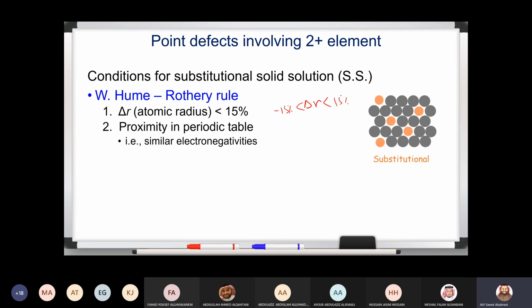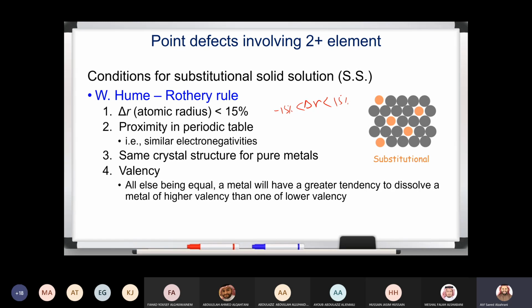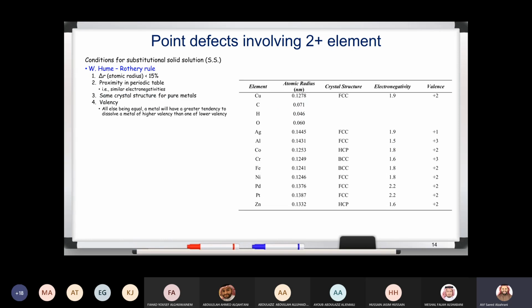Then proximity in the periodic table, same electronegativity, and same crystal structure. These we talked about in the last lecture. And the valency: if all things are equal, there is a greater tendency to dissolve a metal with higher valency than lower valency. So let's try to apply these rules, and let's focus on copper.